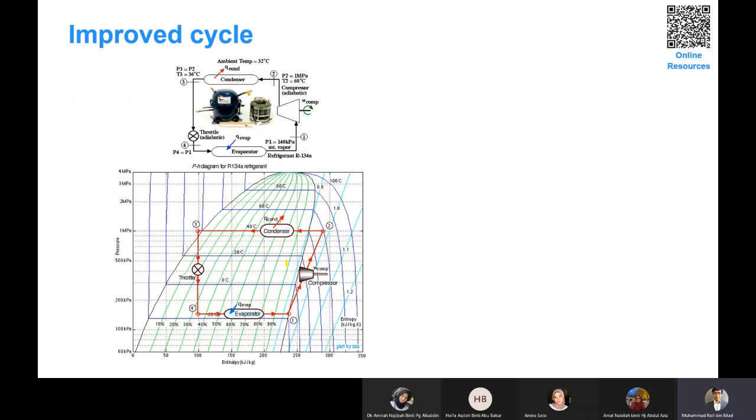So you see here that from the previous example, we have an evaporator. In this evaporator, we use the air in the house to evaporate the refrigerant.